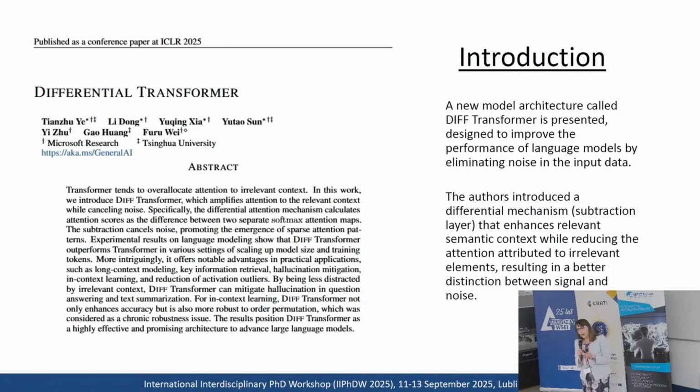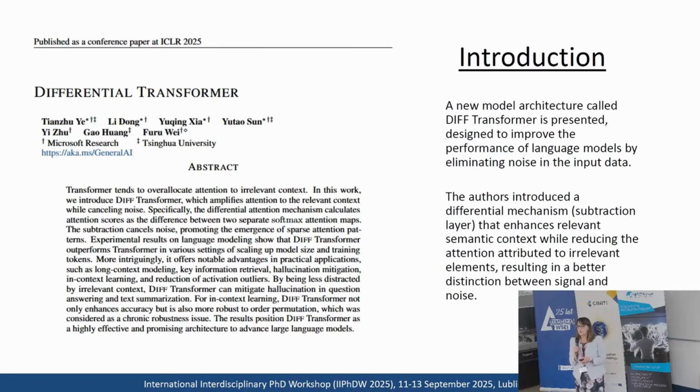So why this topic? This year, these authors published in one conference paper where they introduced a model of architecture which they call Diff Transformer. This architecture was defined to improve the performance of language models, and they use a differential mechanism.